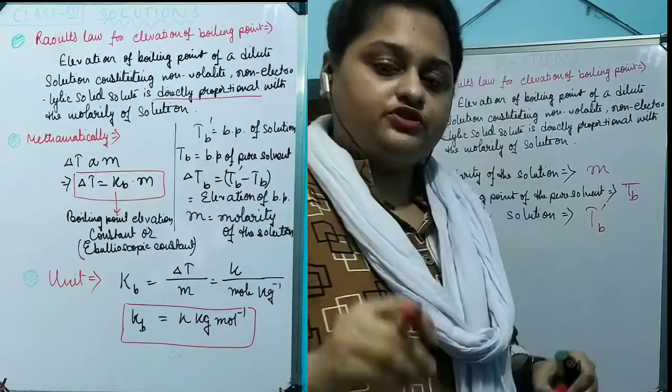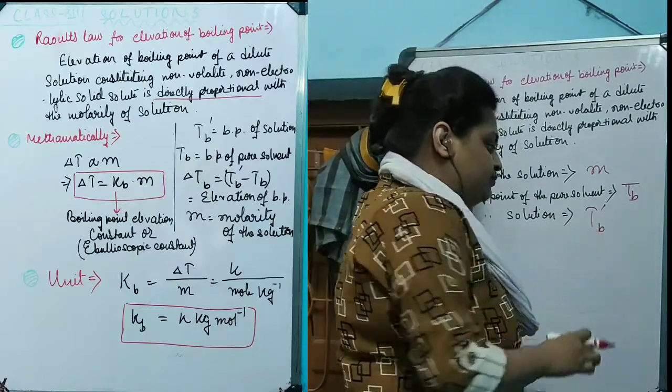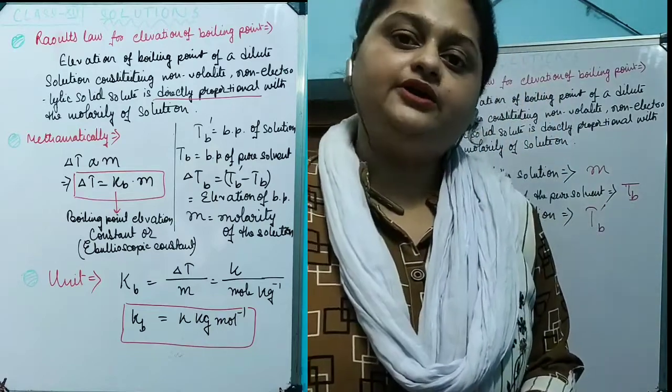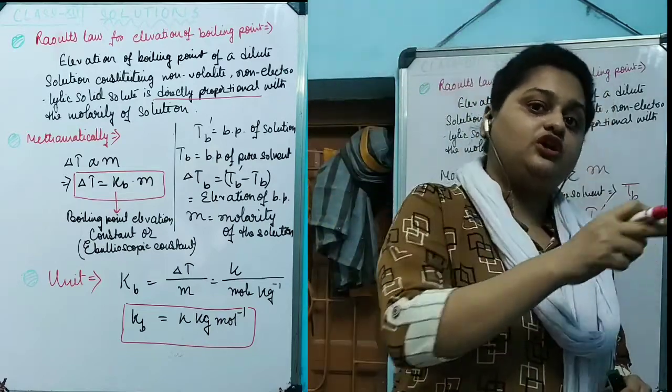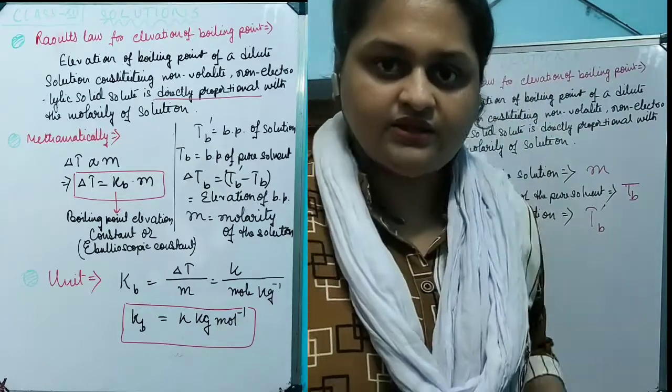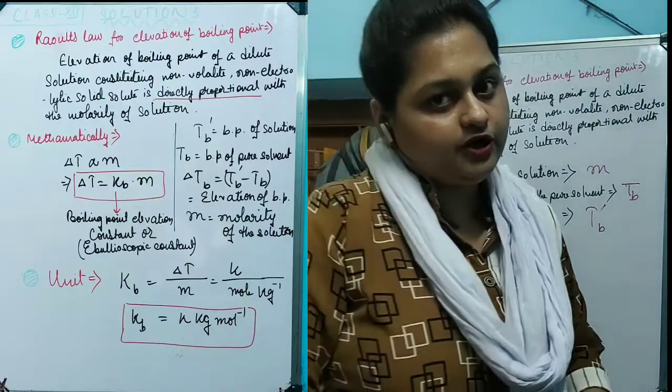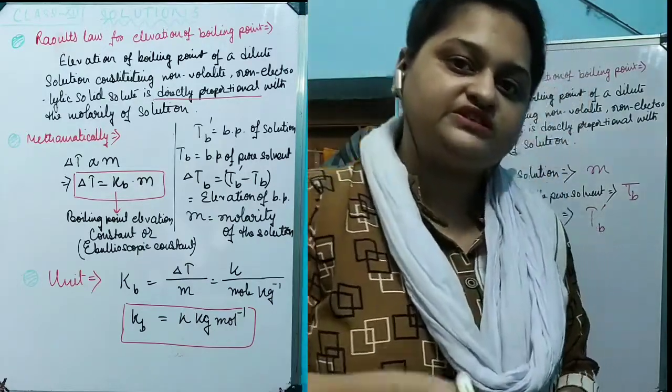You also observe that this boiling point of the solution is more compared to the boiling point of the pure solvent that you had observed, meaning that the boiling point of the solution has elevated compared to the pure solvent that you had previously taken.